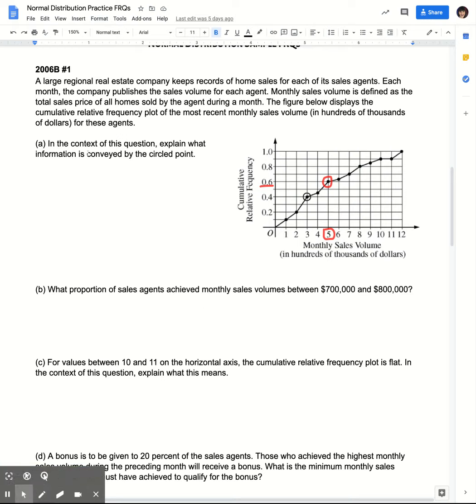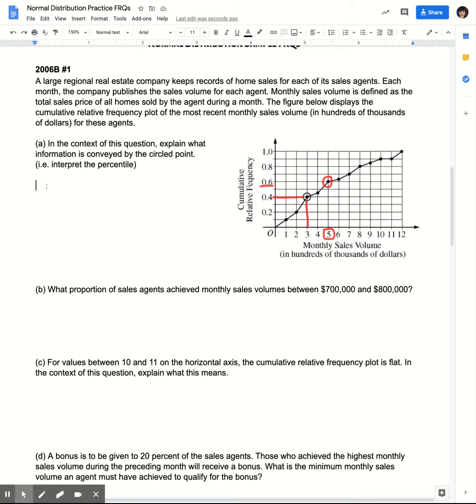This first part says, in the context of this question, explain what information is conveyed by the circled point, which is this point right here. Essentially they're asking you to interpret the percentile. That point is at the 40th percentile, and the X value associated with it is 300,000.